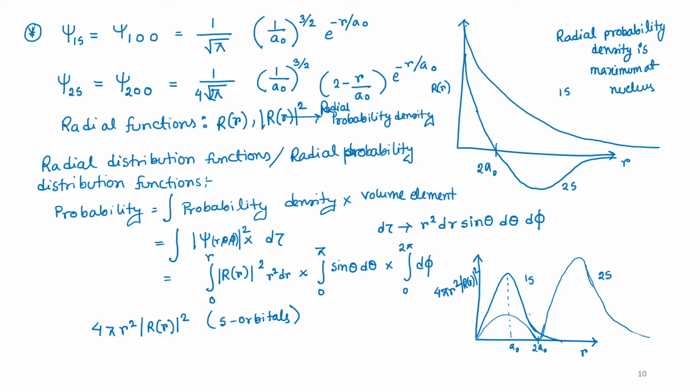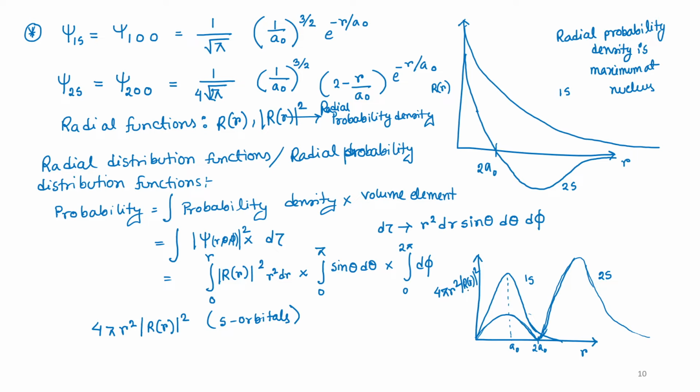I may have drawn it improperly, but you should get the notion of how it will look. So it will have two lobes, but the maximum won't be at the nucleus, because here you are multiplying with r squared, which is an increasing function. So as r increases, this product is going to increase.